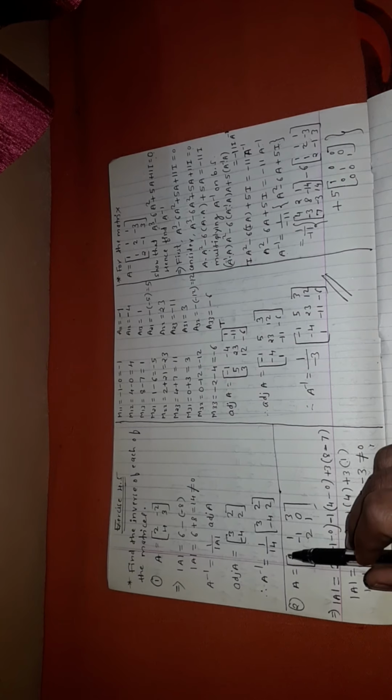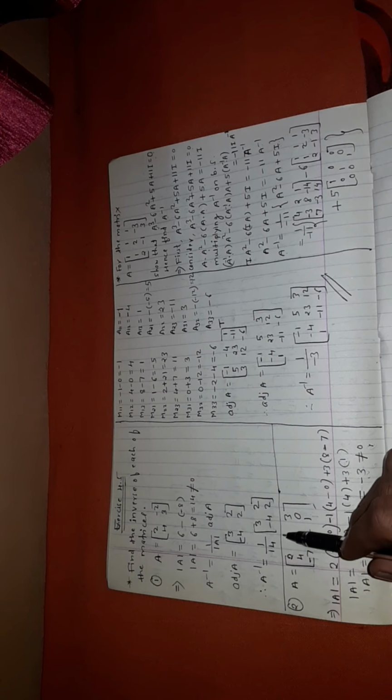So 2 into, leaving the first row and first column, 1 into minus 1 minus 1, 2 into 0 is 0. Next, the actual element is 1, but I have taken minus 1. Why? Because while expanding with the first row, the signs are plus, minus, plus. So minus 1 into, leaving the first row and second column, 1 into 4 minus 7 into 0.